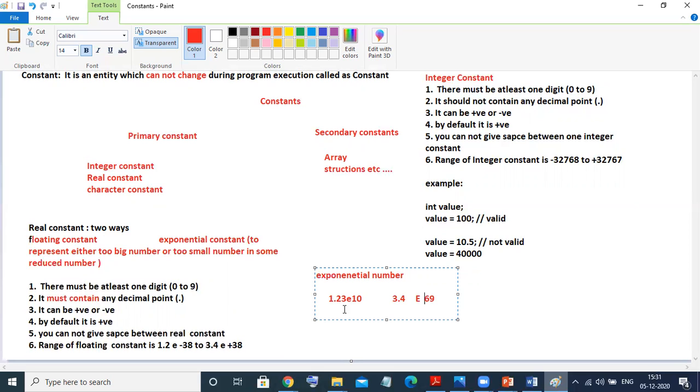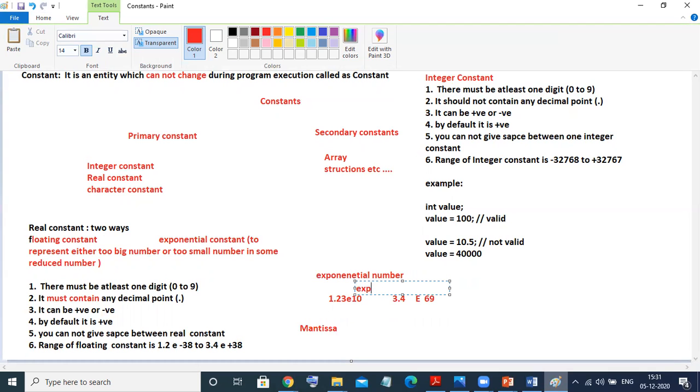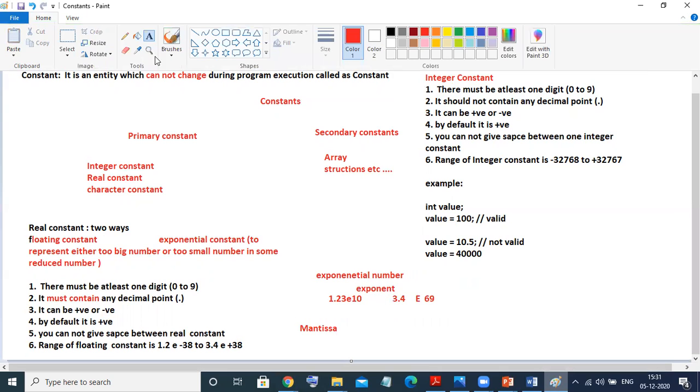The number which precedes this small e is called, I know everyone knows, but still these are the basics, the mantissa, and the number which comes after this e is called the exponent.